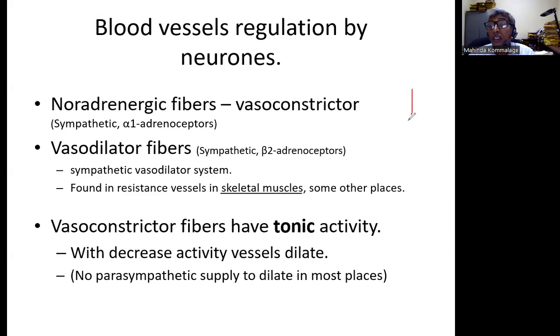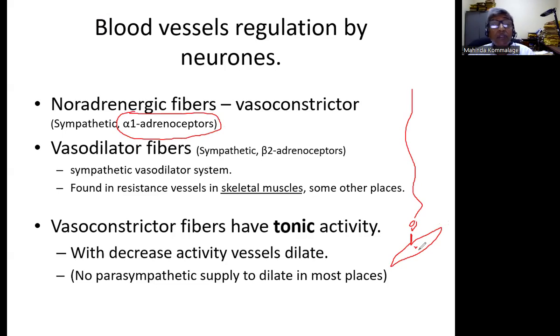Let's say this is a noradrenergic fiber, and that will secrete the neurotransmitter, and there is smooth muscle with the receptor for this neurotransmitter. This neurotransmitter goes and binds with the receptor and constricts the smooth muscle. So this receptor is the alpha 1 adrenergic receptor for vasoconstriction.